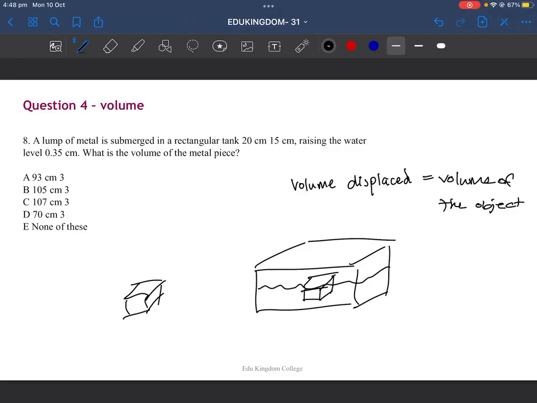Okay? That must mean that the water level must rise corresponding with the amount of volume that was displaced by the brick or moved by the brick.